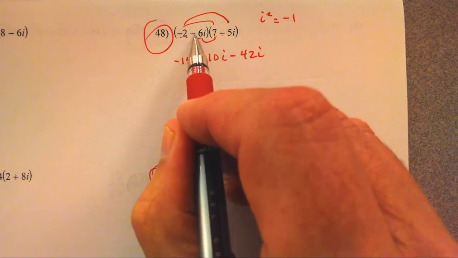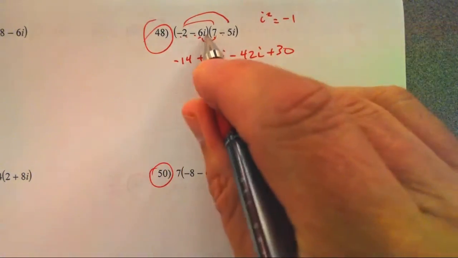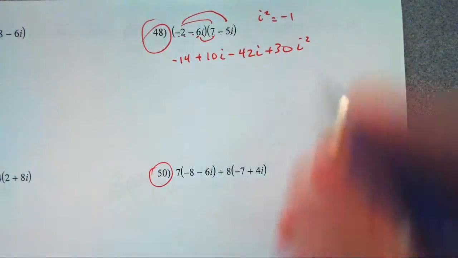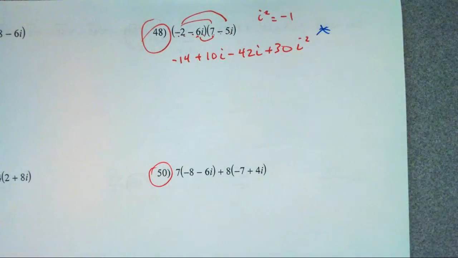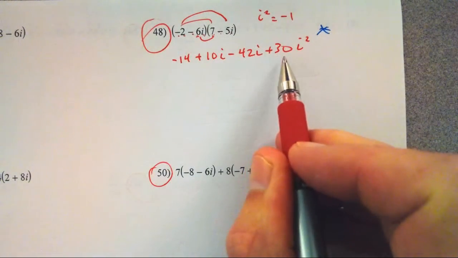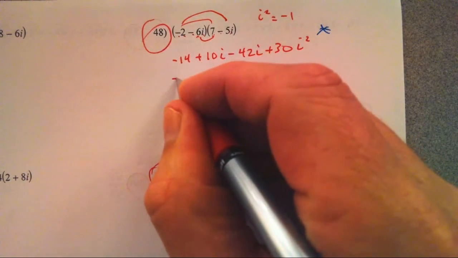So last times last, minus times minus plus, 6 times 5, 30, i times i squared. And that should be like a big flashing light to us right there. Plus 30i squared is plus 30 times -1, right? So I'm going to do a little cleaning up.